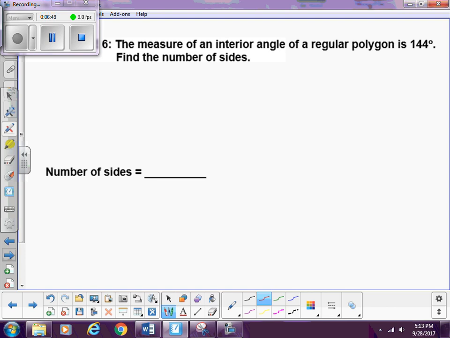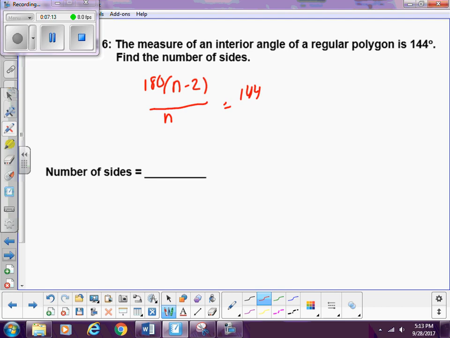Okay, so it says the measure of an interior angle of a regular polygon is 144. Find the number of sides. I'm going to show you 2 ways to do this. We did this yesterday. The formula was n minus 2 times 180 divided by n equals the measure, 144.